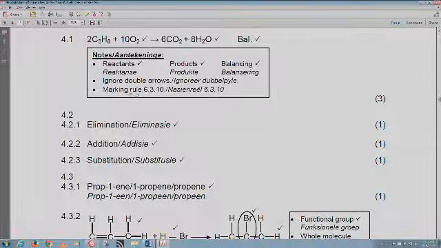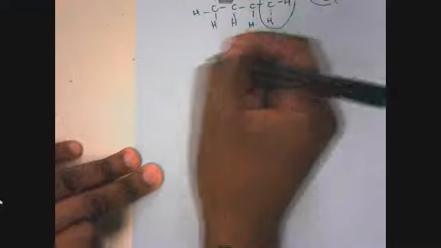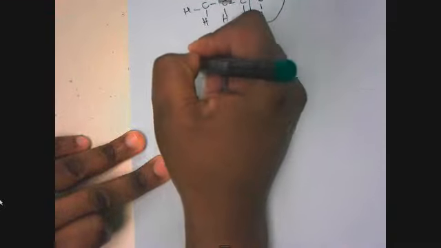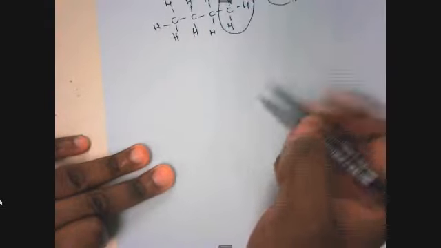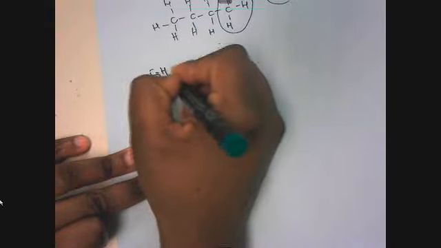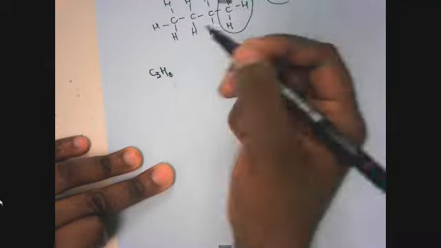And then there is marking rule 6.3.10, whereby for you to be able to mark the reactants, there must be the arrow there on the right hand side of the reactants. And for you to be able to mark the products, there must be an arrow to the left hand side of the reactants. Now, colleagues, we know that the coefficients that you use for balancing can be less than the ones that are given there.